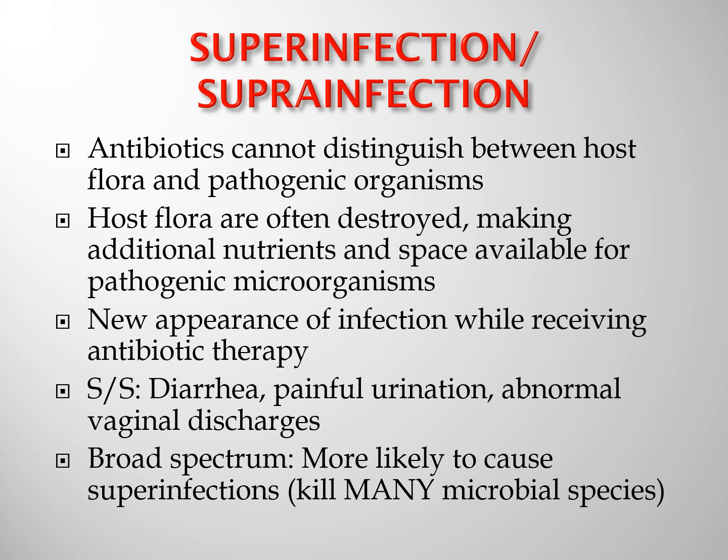And these infections typically occur with antibiotics that are more broad spectrum because they're able to kill many, many different types of bacteria that live normally within your gastrointestinal tract, your mouth, the vagina. So when they're destroyed, it gives the opportunity for other bacteria or yeast to become overgrown.